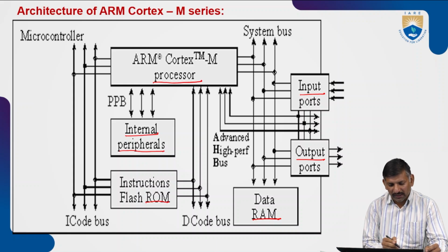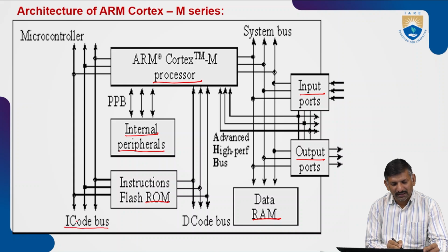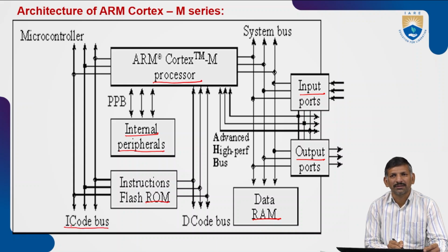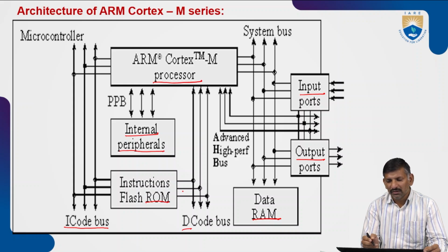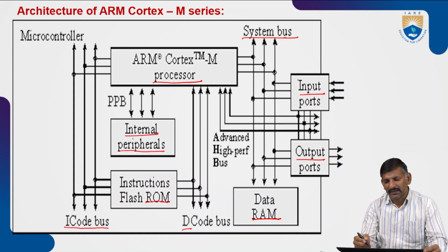It contains the I-code bus. I means instruction; it fetches instructions from the flash memory. Similarly, the D-code bus. D means data; it fetches data from the flash memory. The system bus interacts with the input ports, output ports and RAM.